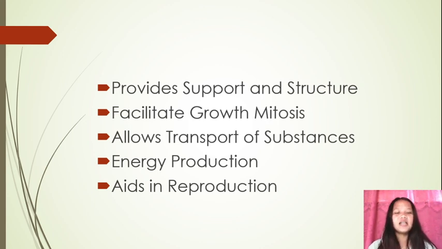Number three, it allows transport of substances. Various nutrients are imported by the cells to carry out various chemical processes going on inside the cell. The waste produced by the chemical processes is eliminated from the cell by active and passive transport.